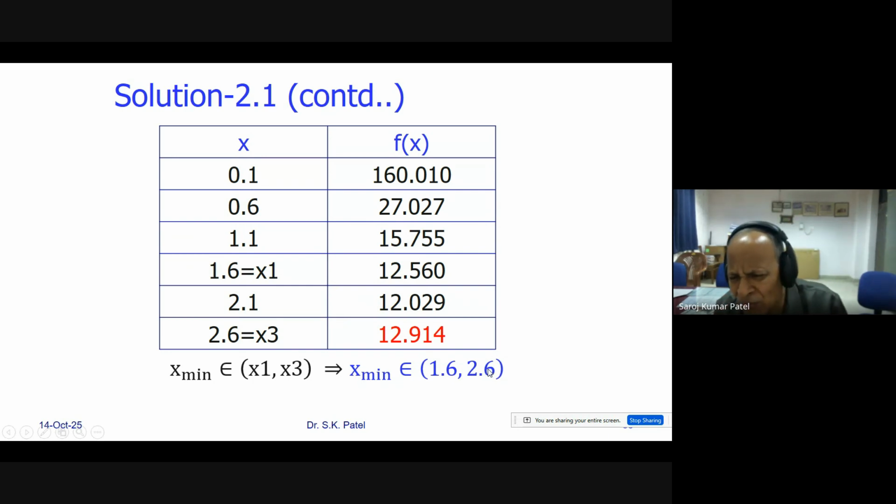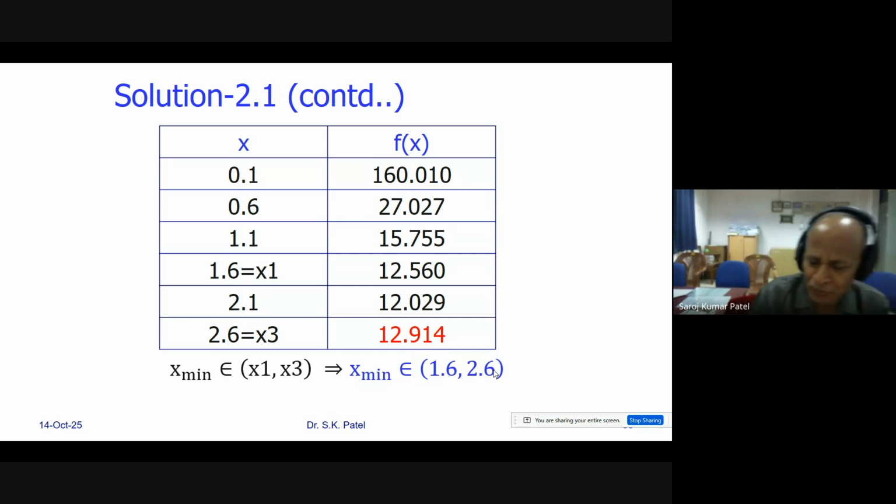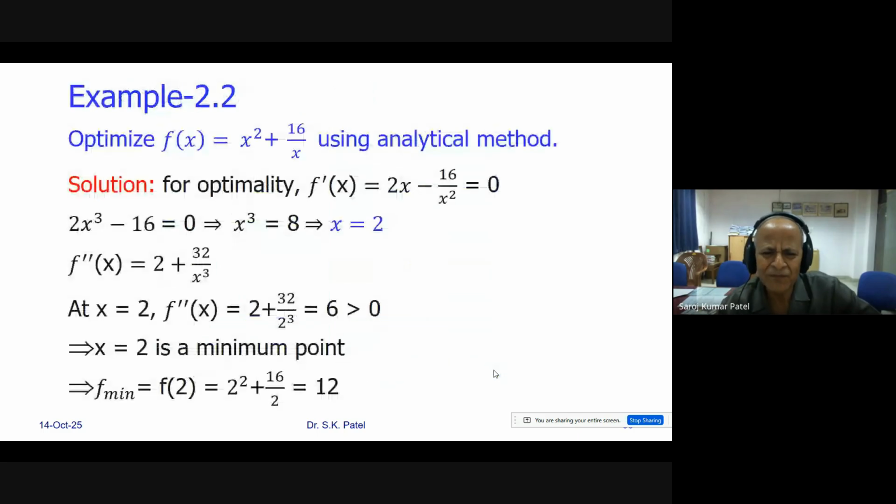If you could have told that it is between 1.9 and 2.1, then that result would be much more accurate than this 1.6 to 2.6. That means if this interval width is less and less, the accuracy of the result will be more and more. Am I clear?